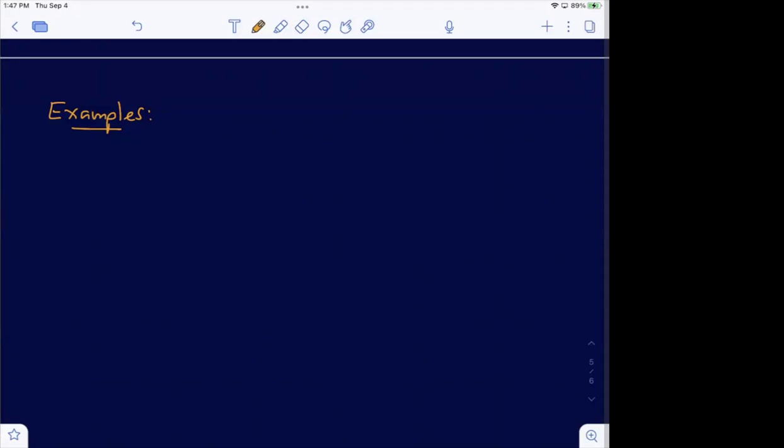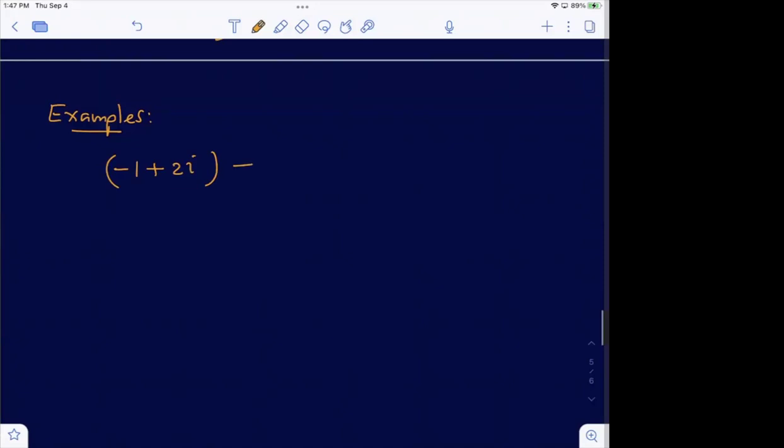So first of all, let's look at -1 plus 2i plus 3 plus 7i. If I need to find the summation, it is none other than just add the real parts and the imaginary components.